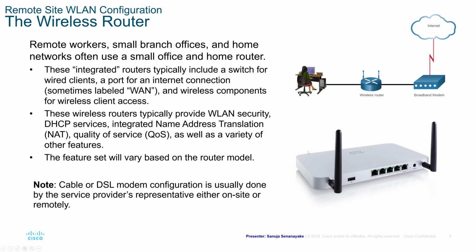It's basically a Cisco router with wireless capabilities. Again, depending on the manufacturer and the model number, the number of antennas, the ports associated with the device, and the look and feel of it may differ. So don't just think that all wireless modems and wireless routers look like this.